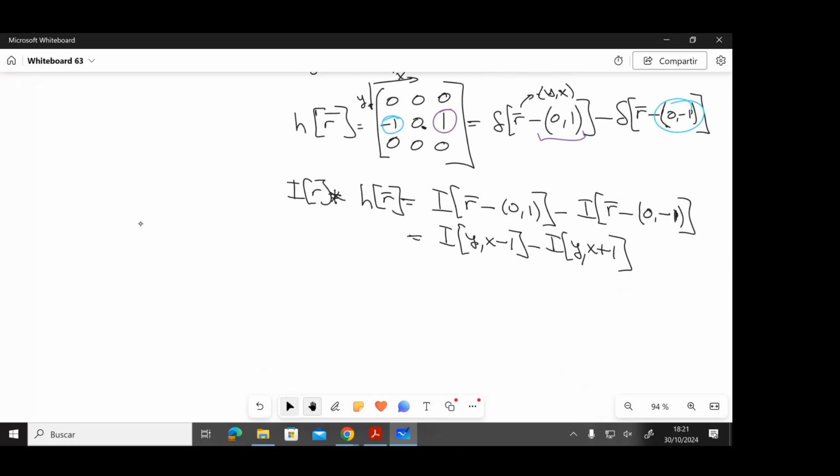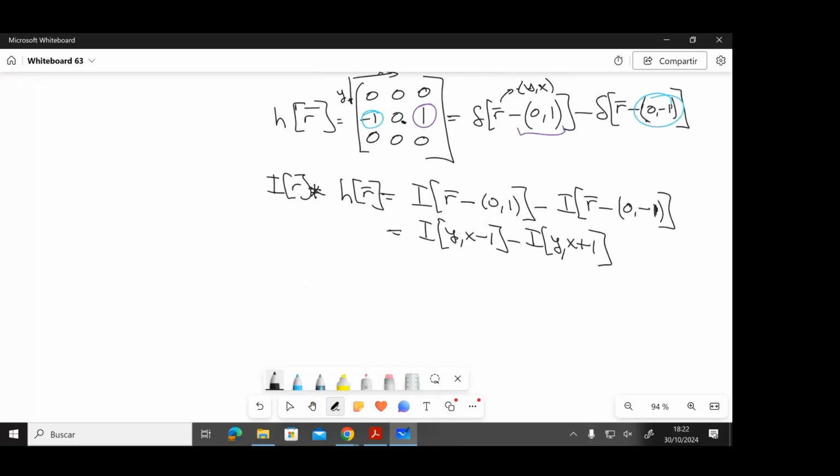Let's make it 1D again. So let's say that my kernel now, this is h, okay? This is n, this is plus 1, this is minus 1. And now you convolve with this.